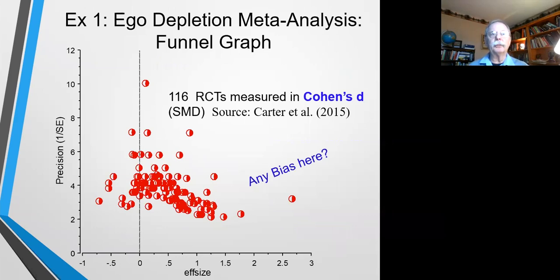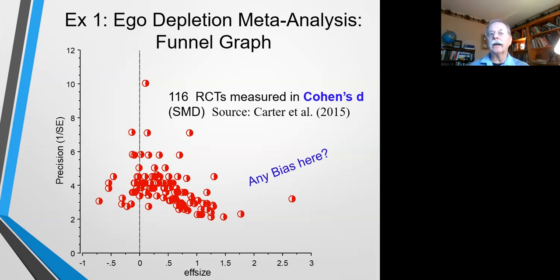So for our first example today, I'm looking at ego depletion. Ego depletion is a rather well-known and controversial psychological theory. Ego depletion is the idea that we all have a limited supply of willpower, and it decreases with overuse, famously promoted by Roy Baumeister.